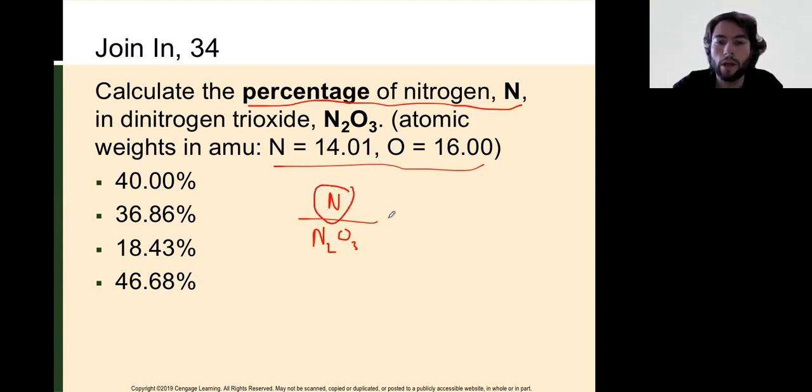So what we're looking at here is going to be the total mass of nitrogen, which from our sample here is going to be 2 nitrogens. So we'll have 2 times 14.01 all over 2 times 14.01, so this is from the actual dinitrogen trioxide, plus 3 times 16.